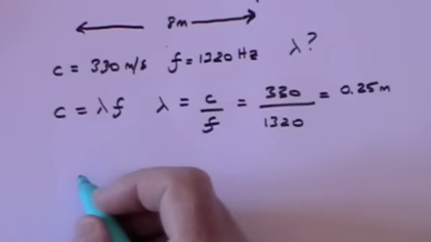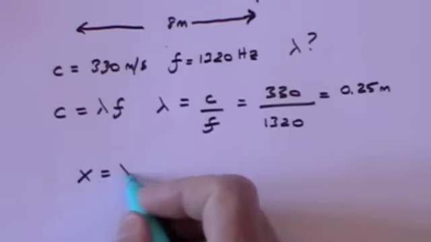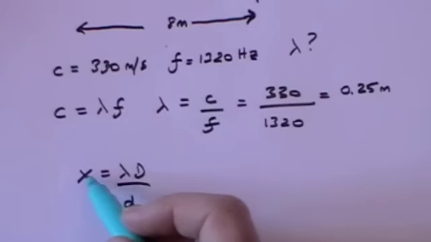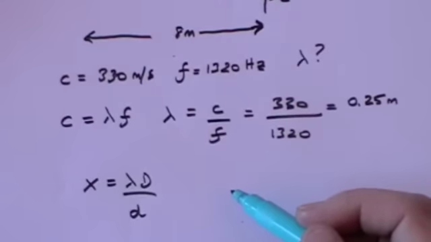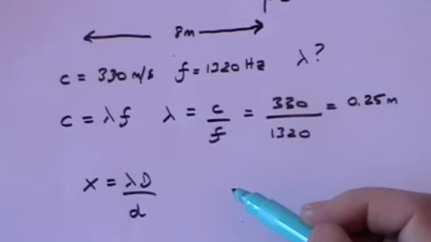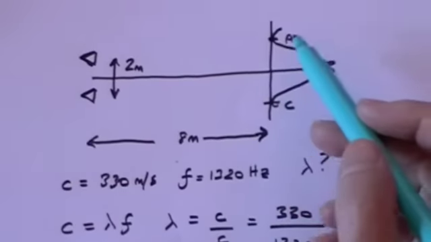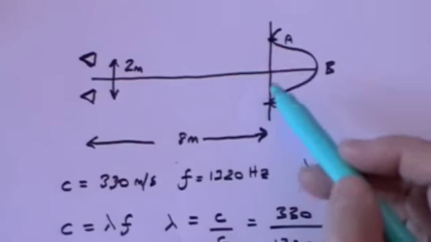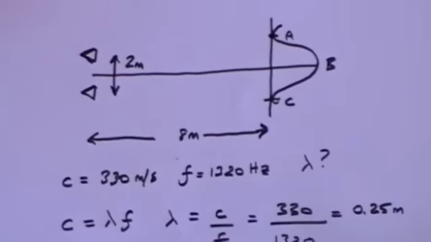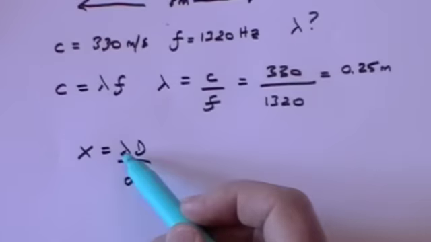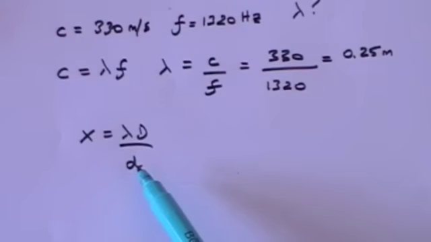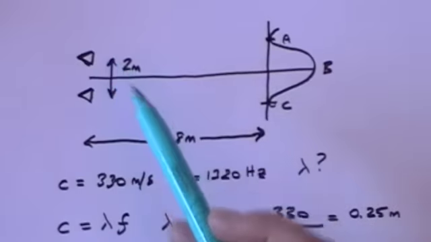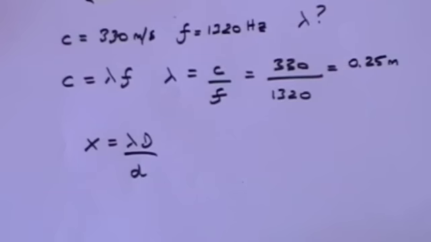And for that we're going to use the formula x equals lambda D over d, where x is indeed the distance A to C, that is the separation of two consecutive fringes, in this case 2 consecutive dark fringes if they were light, but in fact it's sound, so it's 2 consecutive silent fringes, is equal to the wavelength times D, which is the distance between the source and the screen or the observer, divided by little d, which is the separation of the 2 sound sources.